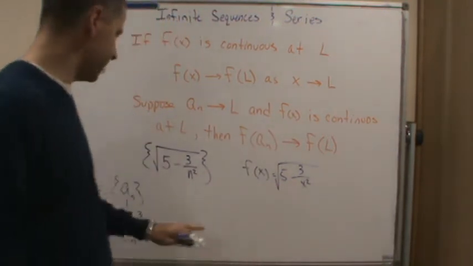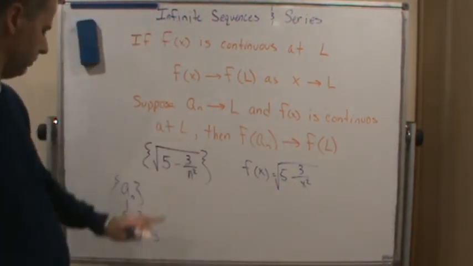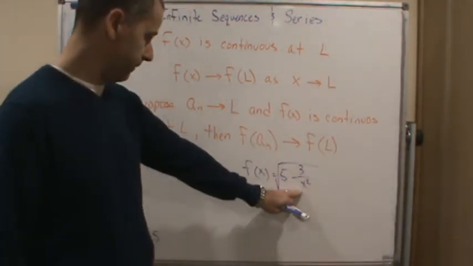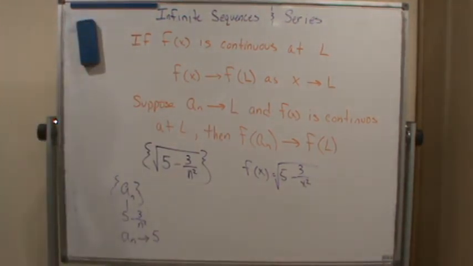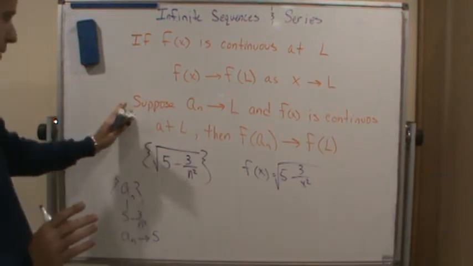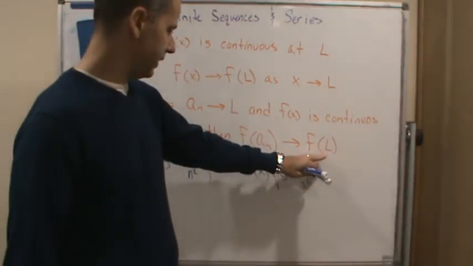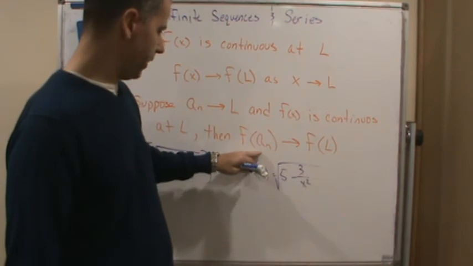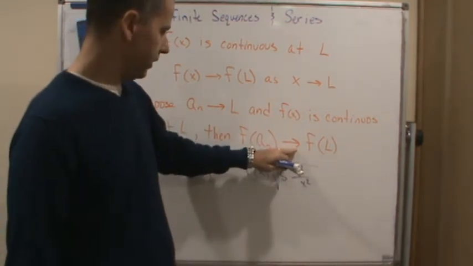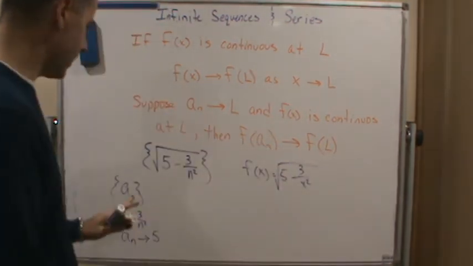F of x is continuous at L, so it is continuous at 5, right? Nothing happens out of the ordinary. It doesn't give us a negative number under the radical, so we're good. So the conditions hold, so that means that the limit of f of a sub n is f of L.